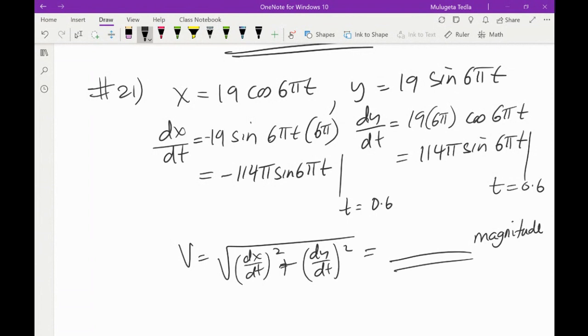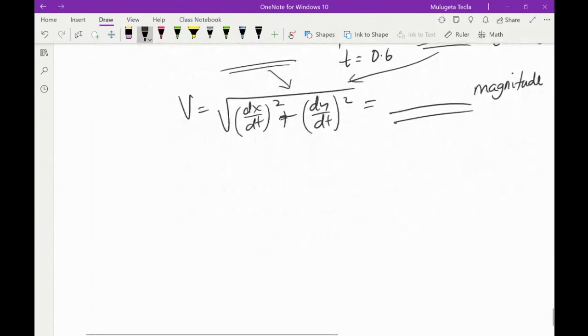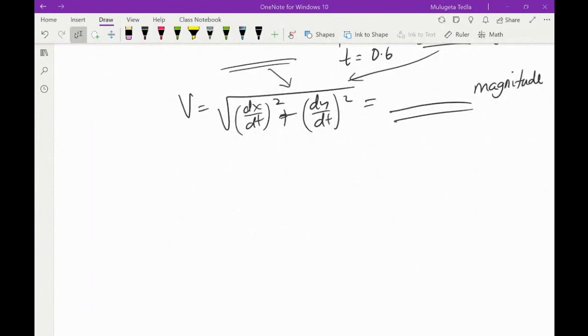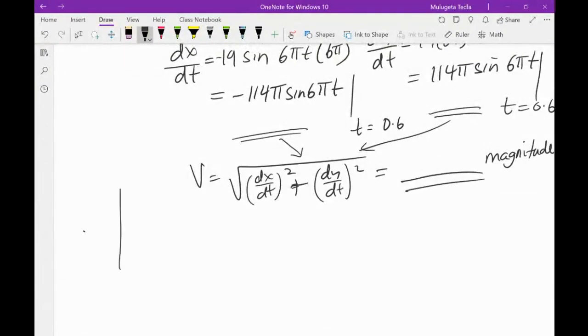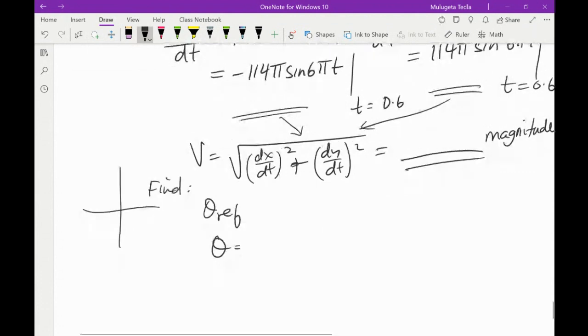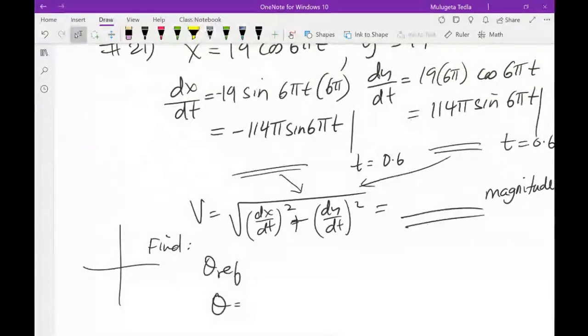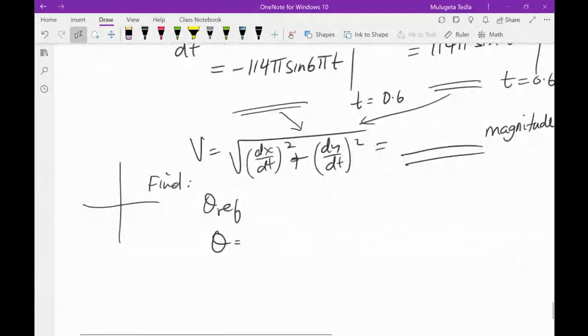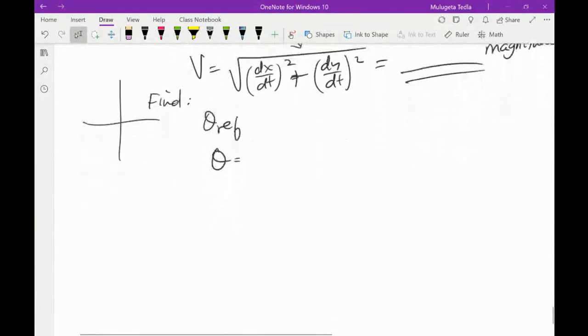Very easy, because you're going to find the number here, you put them in here, right? And then to find the direction of the velocity, you will find which quadrant it is, and then theta reference and theta. Is that okay? I think you could do this because this is parametric curves. We've done them in section 2. Yes. Thank you.